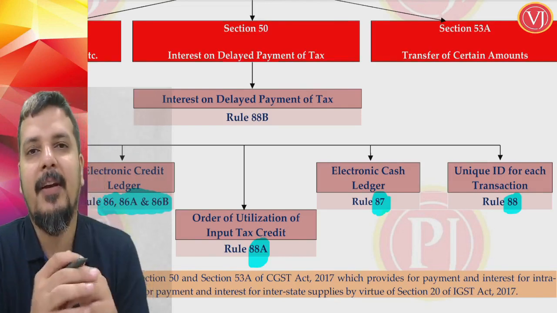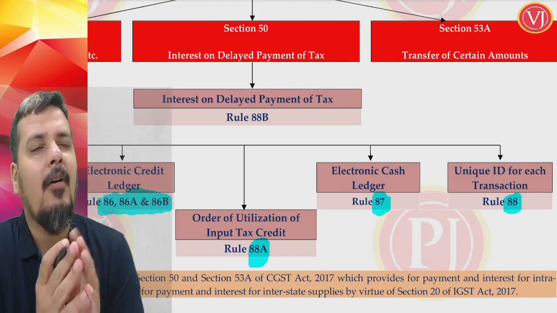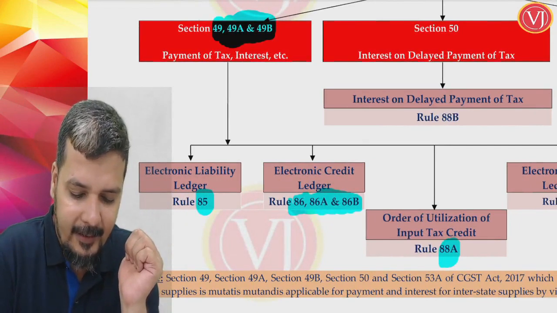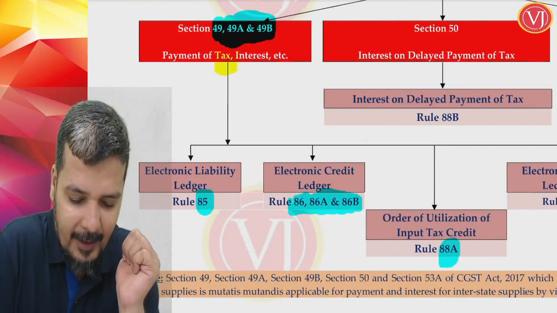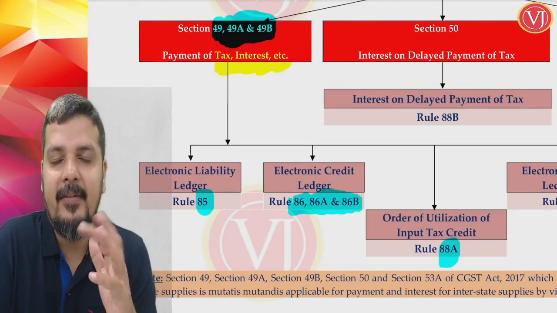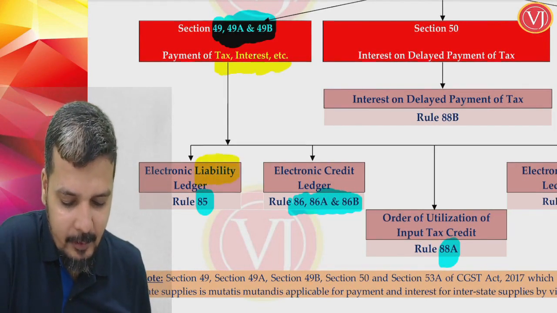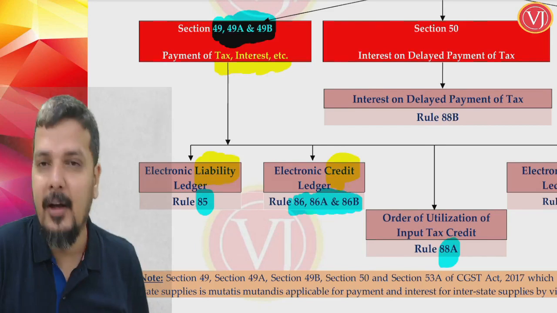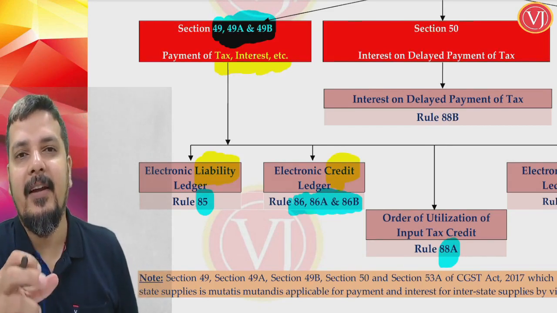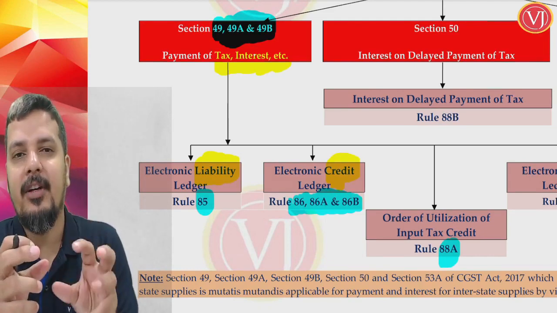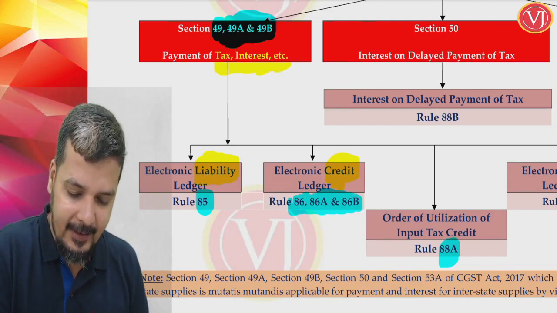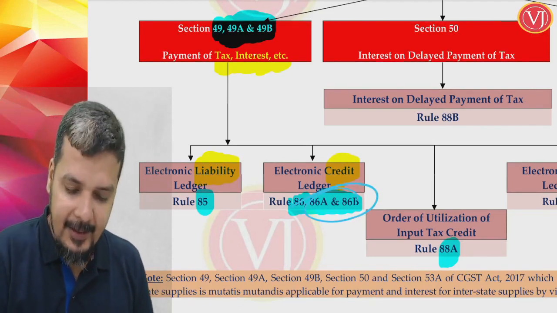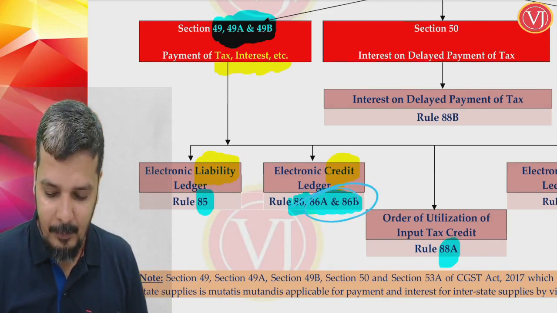So basically, if I want to simplify, it is section 49, 49A, 49B for payment. What payment? Payment of tax, interest, or any other amount. It is not only talking about your tax, interest, it is talking about payment of any amount. And as discussed, whenever you have a liability that will hit the electronic liability ledger, rule 85, first you will try to close it off by your credit ledger. The electronic credit ledger is in rule 86. 86A, 86B talk about restriction on utilization of input tax credit, but that portion we have covered in your input tax credit chapter. 88A also deals with the order of utilization of input tax credit.